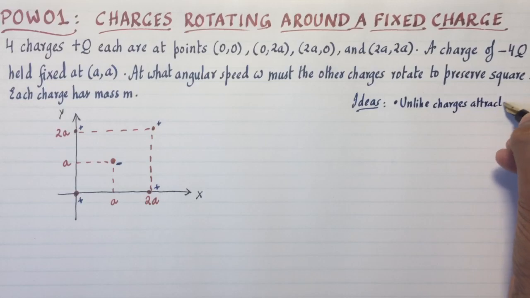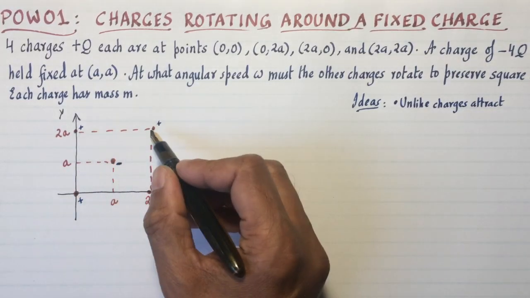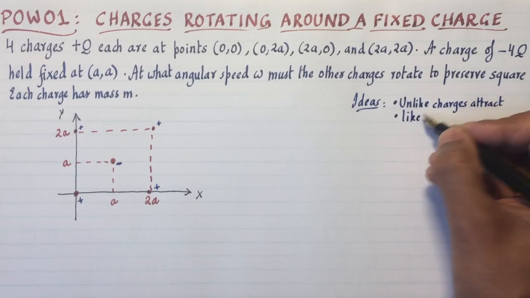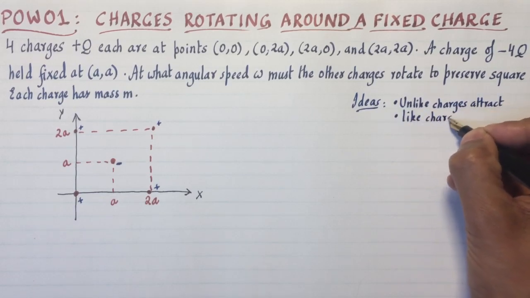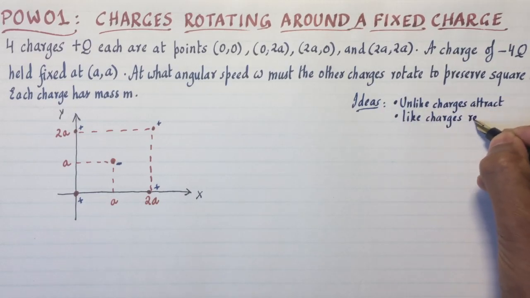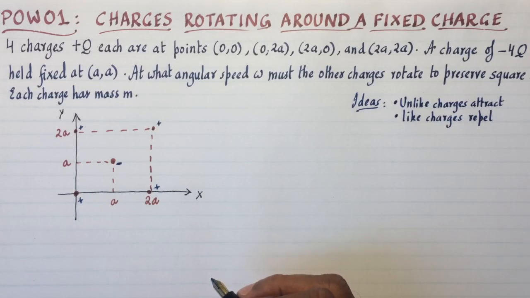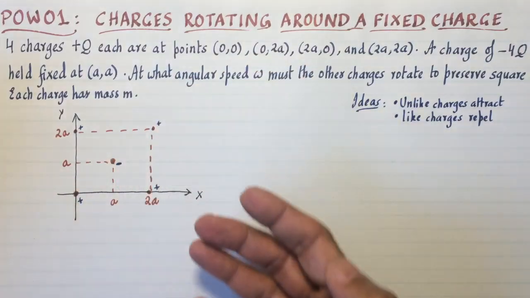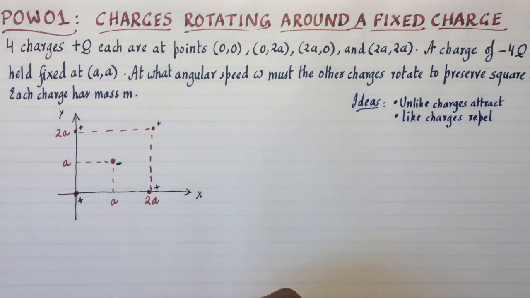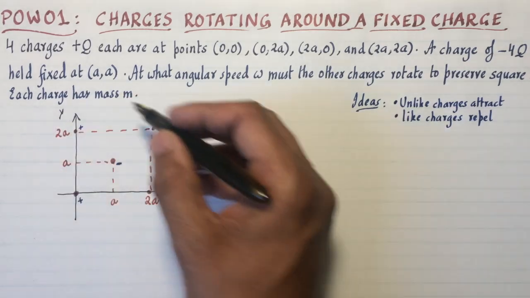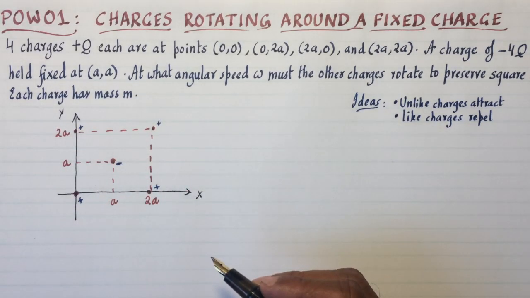But there's also going to be some repulsion between this charge and this charge. So that's like charges repel. Well, if you just leave the system like this, these charges will tend to collapse and unite with this charge in the middle. So we have to have something going on, and that's where rotation comes in.